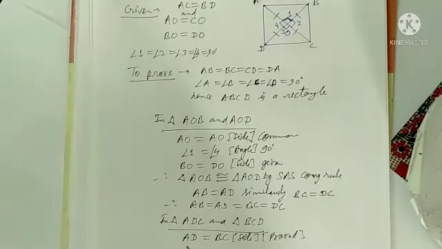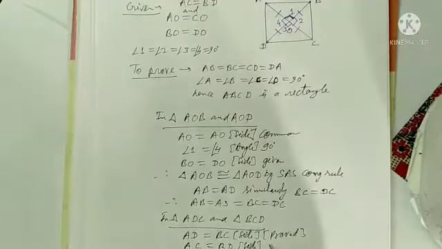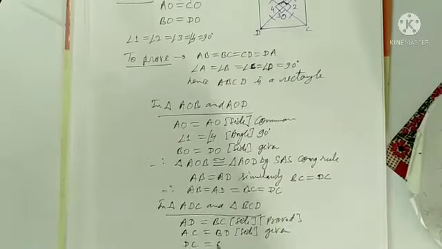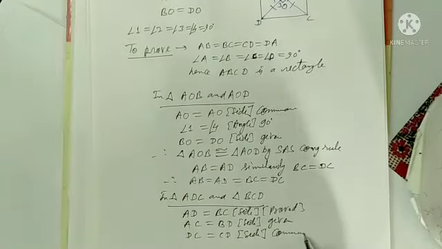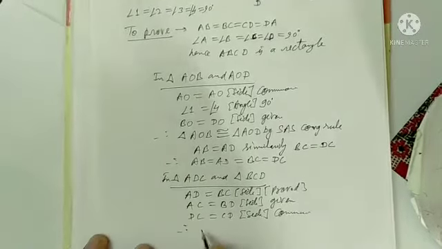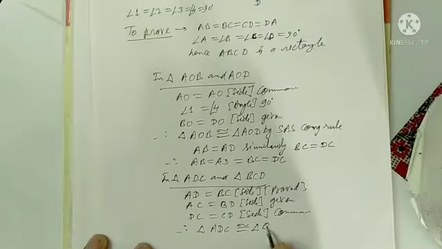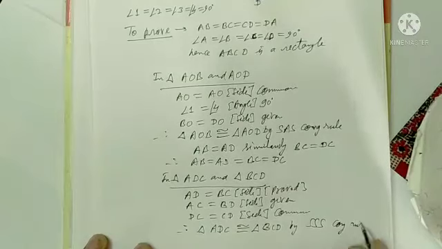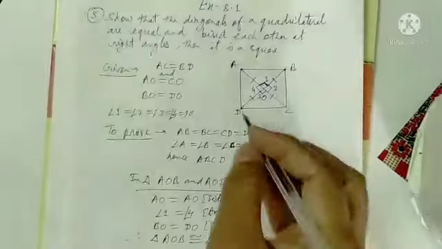Then AC is equal to BD, that is also a side, given as the diagonals. And DC is equal to CD, that is a common side, a common base. So therefore again we can say triangle ADC is congruent to triangle BCD by the SSS congruence rule.